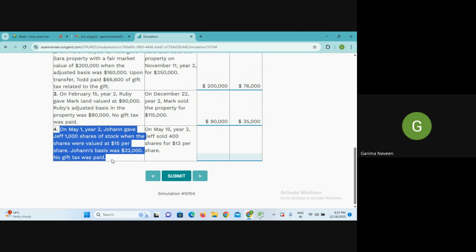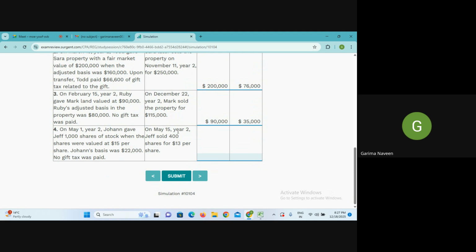Basis was 22,000 and on May 15, year 2, Jeff sold 400 shares for $13 per share. First tell the amount which will be subjected to tax, next the gain and loss. 15,000 subjected to tax.